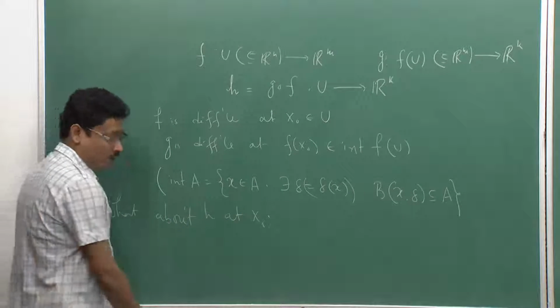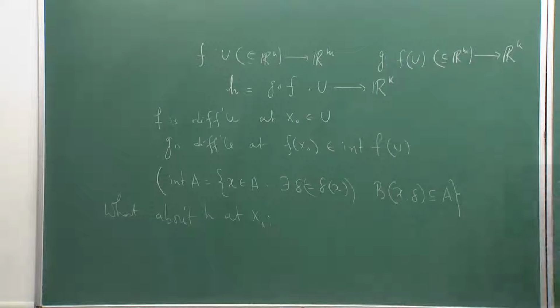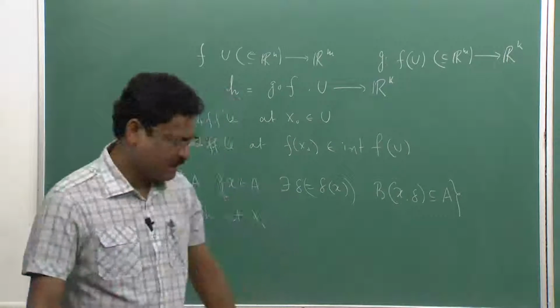From the chain rule of one variable, you know h is differentiable. If n, m, k are all 1, then h is differentiable, and the derivative of h is given by g prime of f(x) times f prime of x. Here also it is given by the same thing.